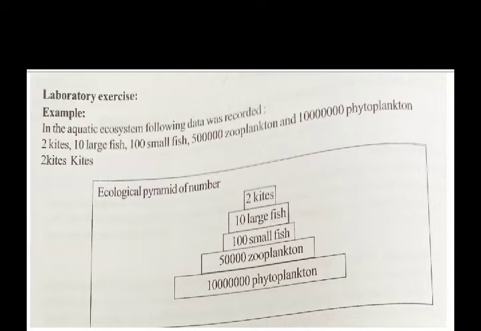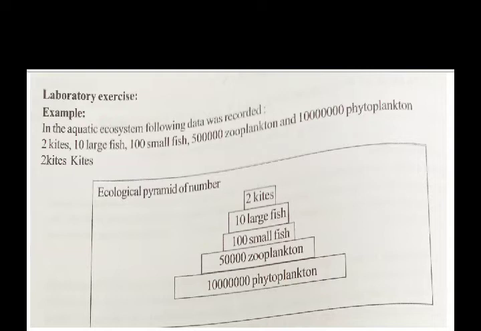Then the small fish are the feed or prey of the large fish. And the kites are the top predator, and they are just giving energy to the top predator. So you can see the number is only 2.